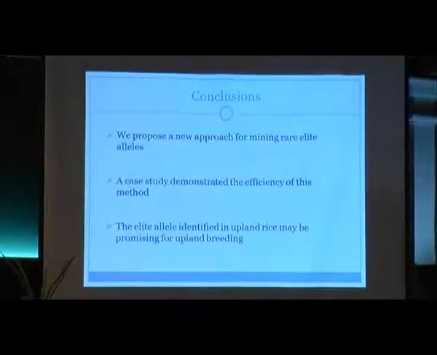And also, we give a case study which demonstrates the efficiency of this method. Moreover, I think the elite SNP alleles that we identified in upland rice may be promising for future upland breeding.